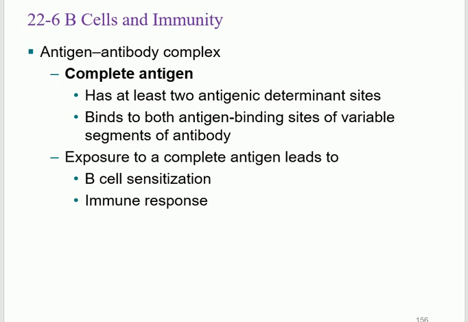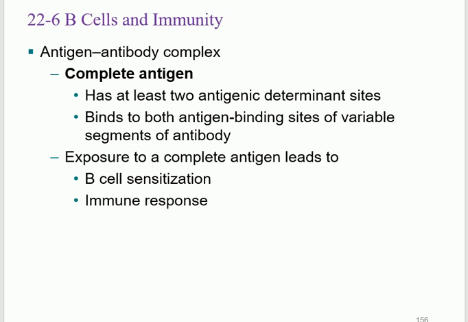However, there is another one that's called half antigen, and we call it hapten. Hapten is half antigen, and I will talk about it.